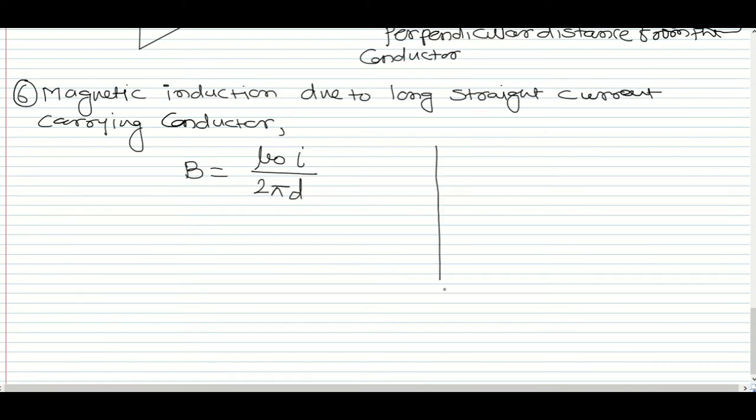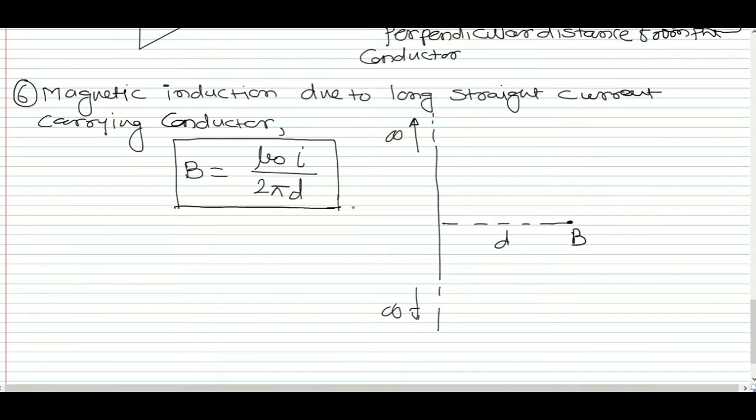So if a long current carrying conductor is going towards infinity on both sides, and we want the magnetic field at a distance d, then by using the above formula we can easily conclude that the magnetic induction at a distance d due to a current carrying conductor is mu naught I divided by 2 pi d.